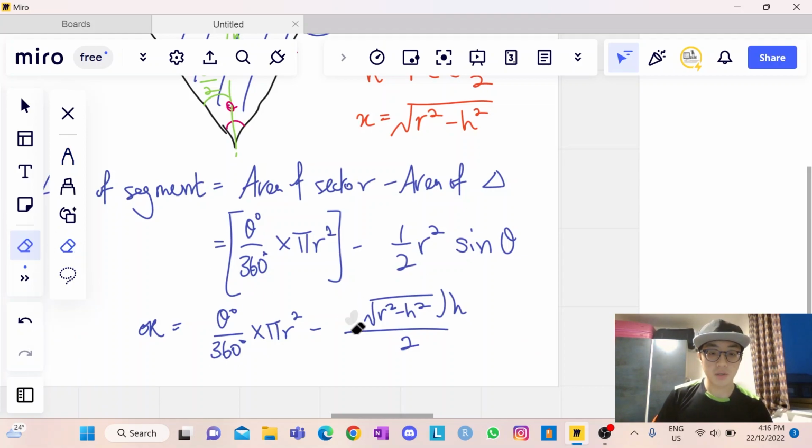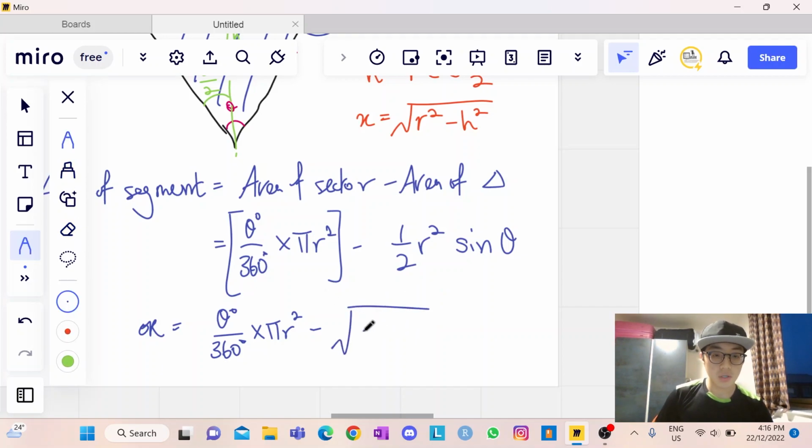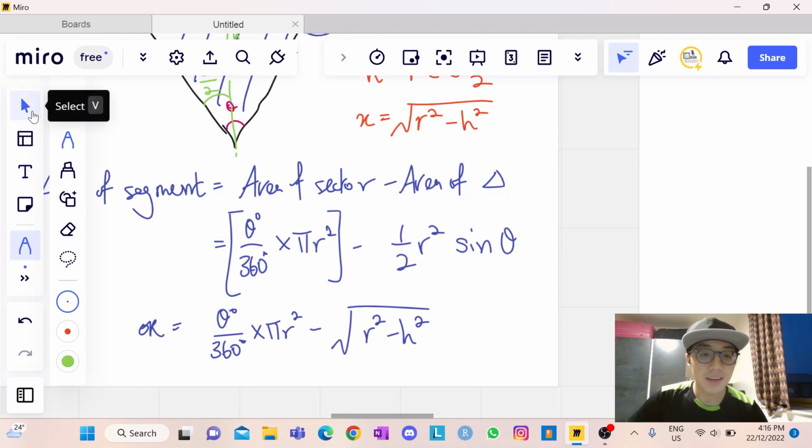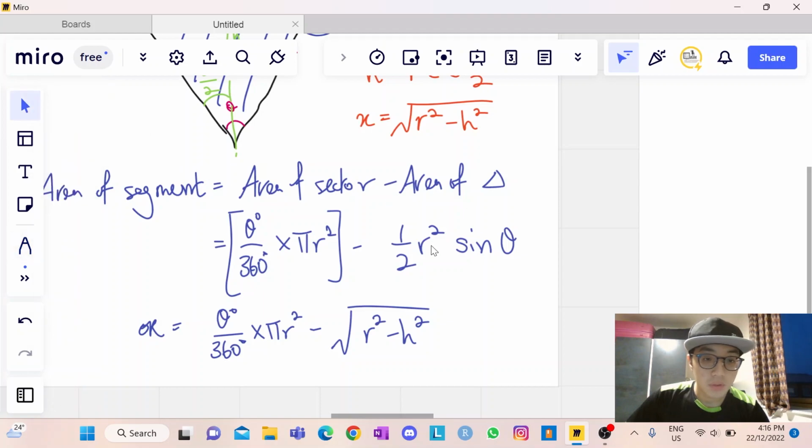after you simplify, you will get something like this, r squared minus h squared. It's just that simple, given that you know the trigonometry rules. Just to double check, the area of triangle, something just looks wrong.